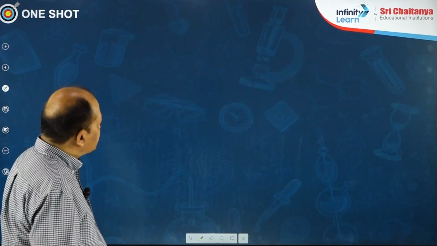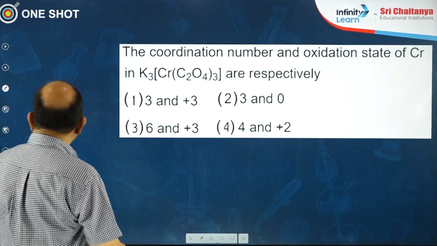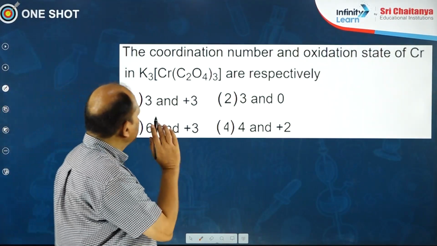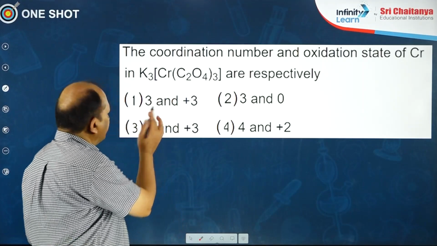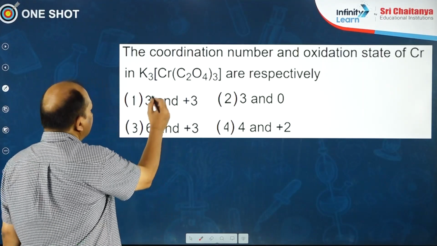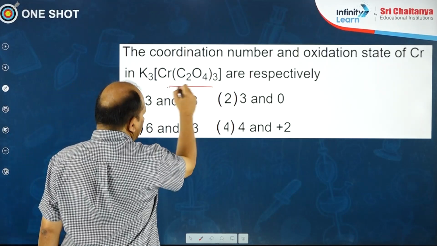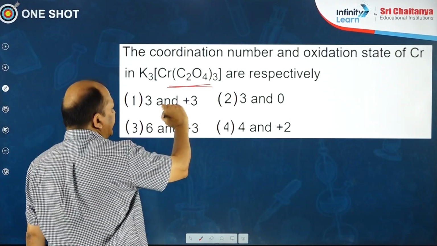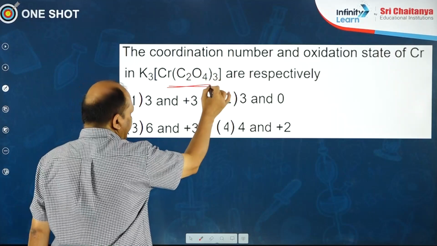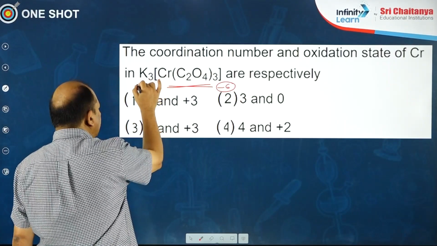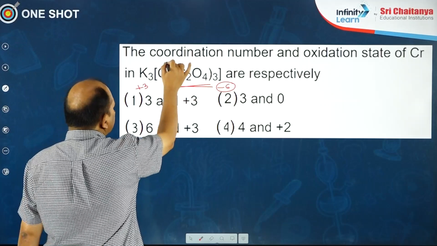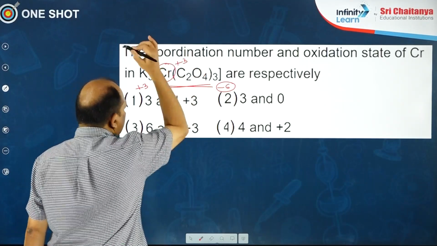You can have a question like this also. He will give a complex and ask us to find out the coordination number and oxidation state of chromium in this particular complex. Here you can see oxalate ion is didentate, -2 into 3 is -6, potassium is +1 into 3, +3, therefore chromium has to be +3.